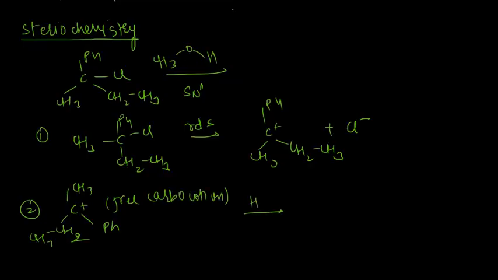So H2O can attack from both sides, from the front side and from the backside. It has both chances because it is sp2 hybridized. It is planar now, so it can attack from both sides. When H2O attacks and H plus goes, I am writing in a single step, it will form C, Ph, then OCH3, CH3, CH2 and CH3. Here we have alcohol, CH3OH.